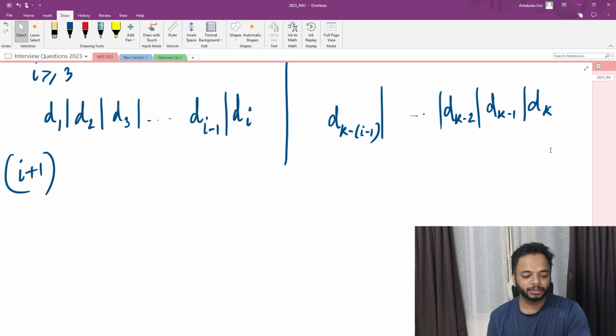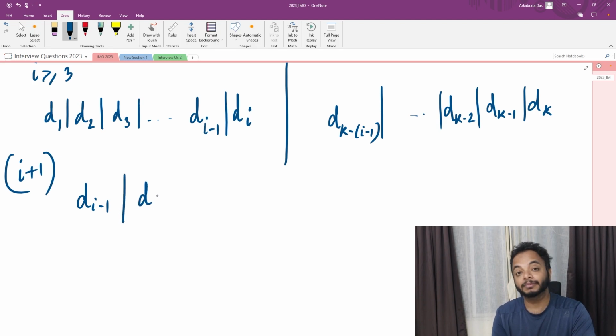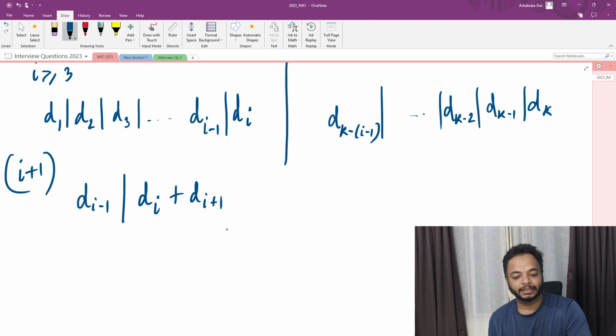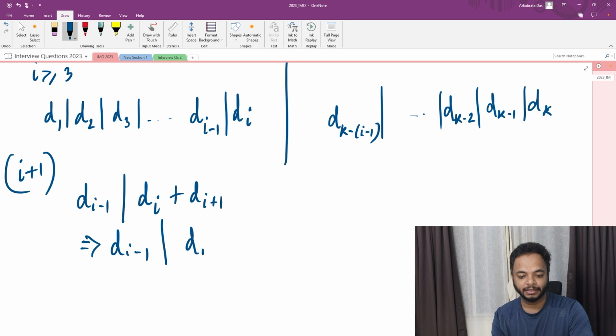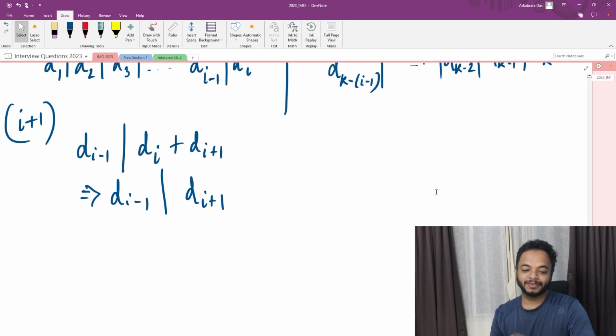So what I am going to do now is, I know that d(i-1) divides, from the relation which was given, the sum of the next two divisors, which is d(i) plus d(i+1), right? And now it's given that d(i-1) divides d(i), so that implies that d(i-1) will divide d(i+1), but we have to prove d(i) divides d(i+1).